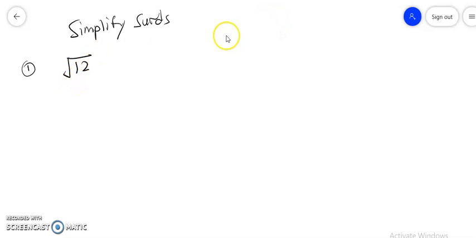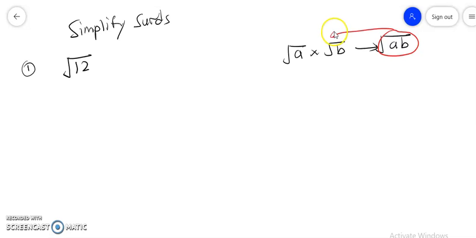So, as we have learned before this, when a square root a multiply with square root b, it can become square root of ab, but it also can become square root ab and becoming square root a multiply with square root b. So the same thing we are going to do over here, which is we have to separate this.